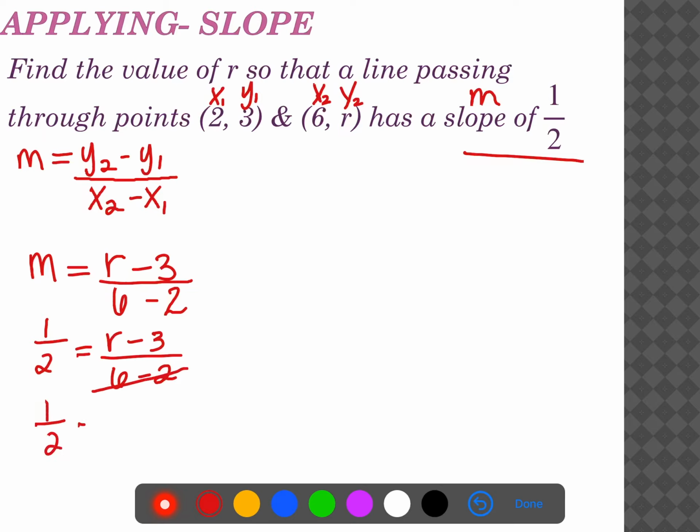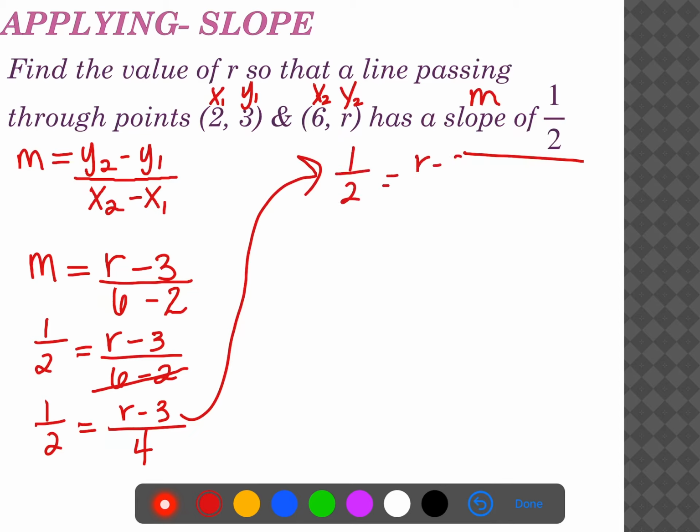Okay, I can simplify 6 minus 2. And now I have a proportion. I'm going to solve this like an equation. We solve a proportion using cross multiplication. So 4 times 1 and 2 times r minus 3.